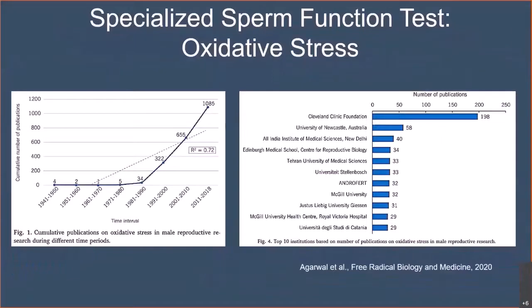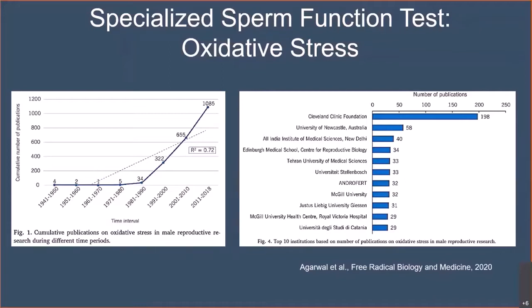So why did we choose the test for oxidative stress? The reason is that there is such a large amount of information on the role of oxidative stress in male reproduction and male fertility. Right from the very beginning, from 1940 to current, there are almost close to 1,200 publications, which is probably the largest number of publications in one subject matter.